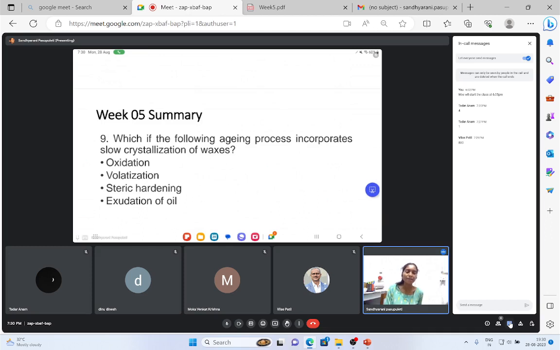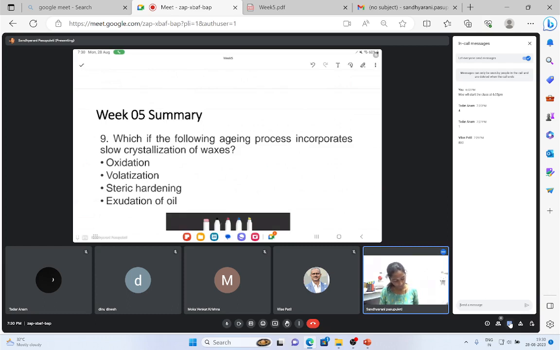Within the bitumen, the resins and asphaltenes themselves will react and reorient their molecular structure. That is what is called steric hardening. Another is exudation of oil, where the lower viscosity oils will be absorbed by the aggregates with higher porosity. So in addition to these, when we store the bitumen at ambient temperature, steric hardening will happen.